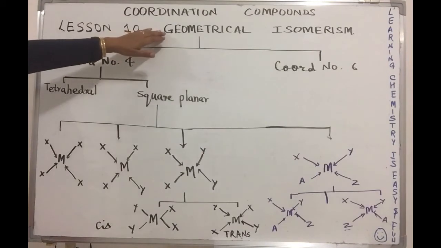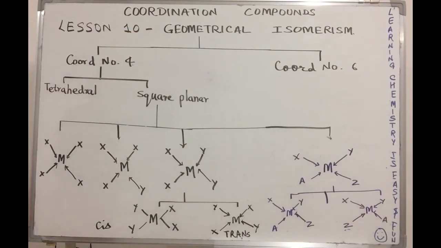We are dealing with geometrical isomerism in this lesson number 10. In lesson 9 we have already dealt with structural isomerism and we are now going to do stereoisomerism under two separate headings, geometrical and optical.